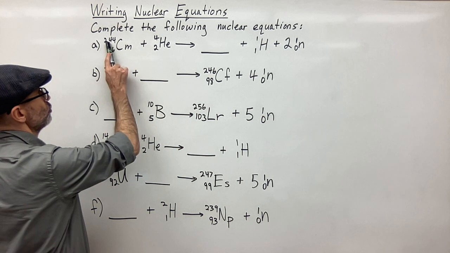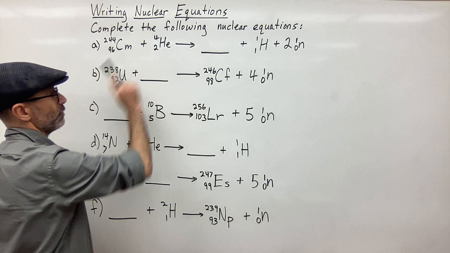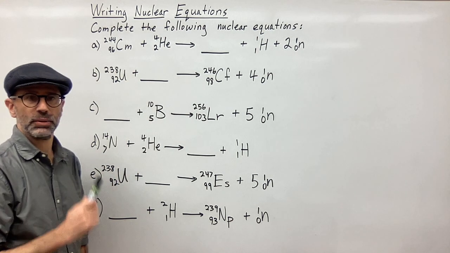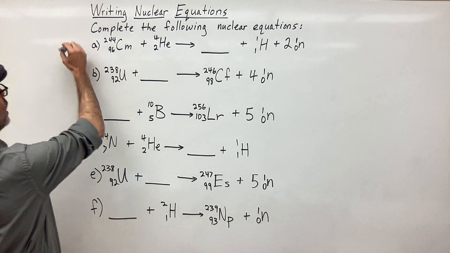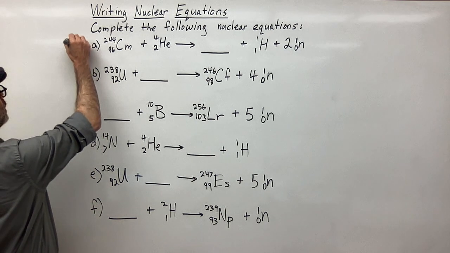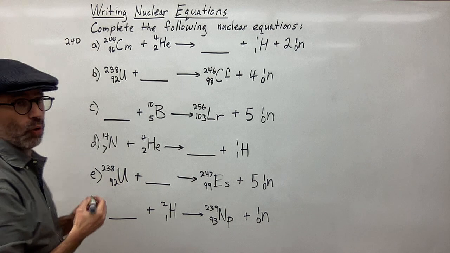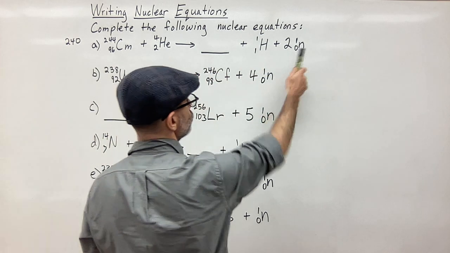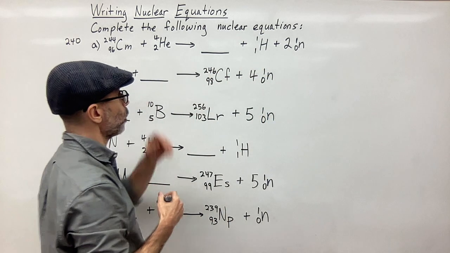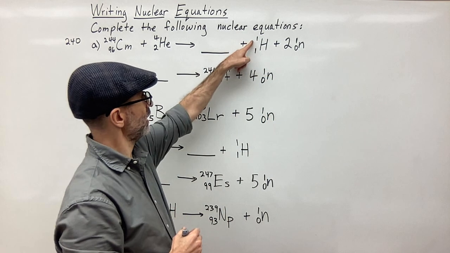We see this is 244 and we have 4. So the total is going to be 244 plus 4, and that's going to give us 248 on the top for that side, which means that this side has to equal 248. So we have a 1 here.